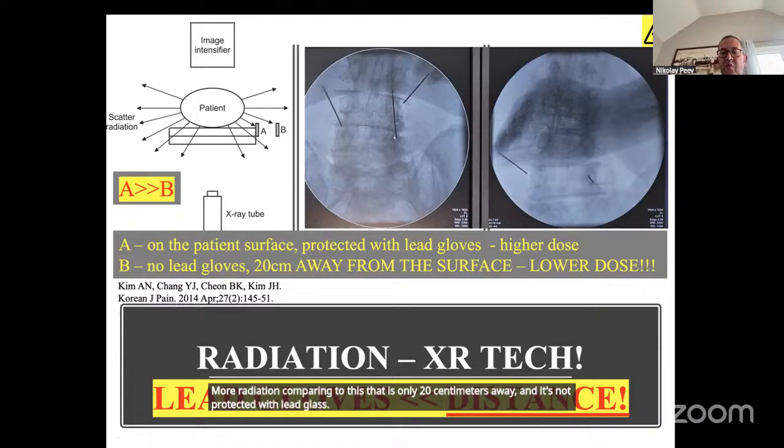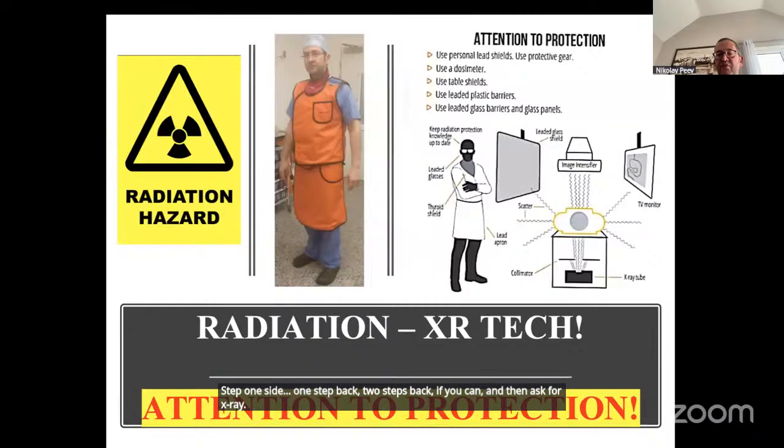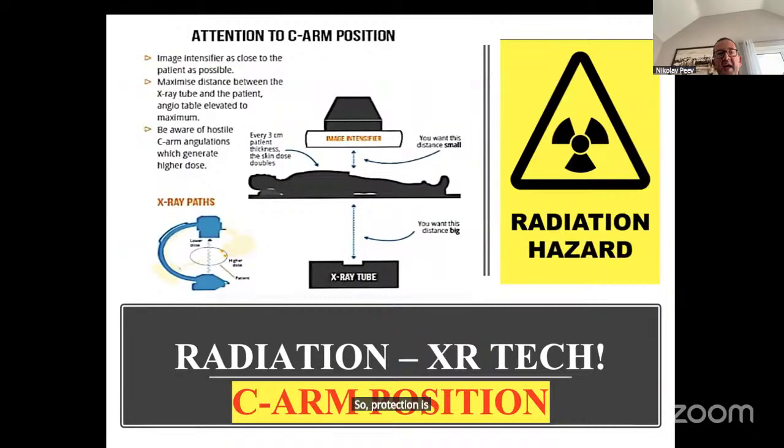So this is the importance of the distance when you're talking about the scatter. 20 centimeters, 30 centimeters, one step back, 2 steps back if you can, and then ask for X-ray. So protection is important.